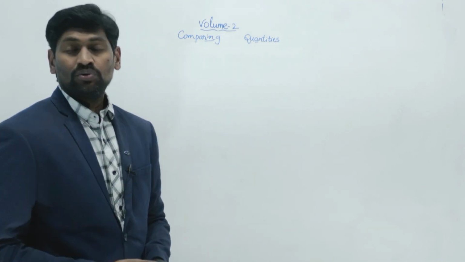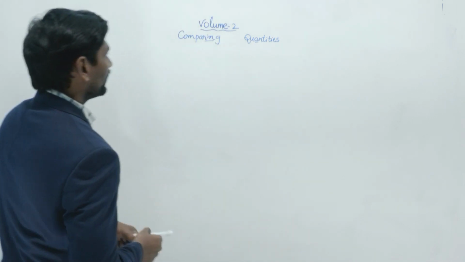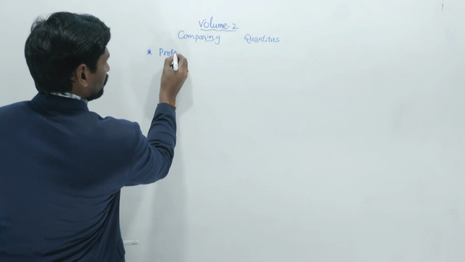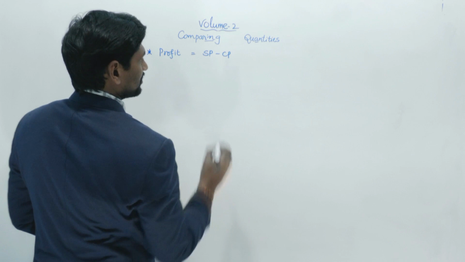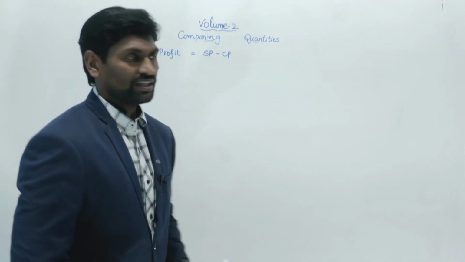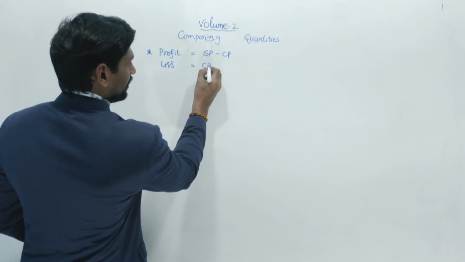Okay, now let us see the profit and loss formulas. So profit equals, since we are getting profit when the selling price is more than the cost price, simply selling price minus cost price will give you the profit. Now loss equals CP minus SP.